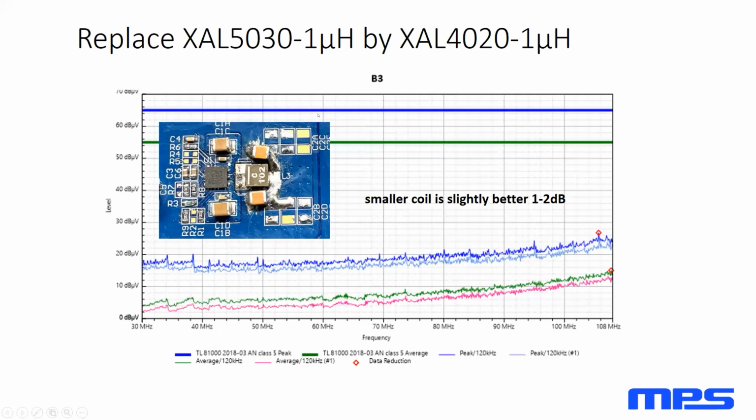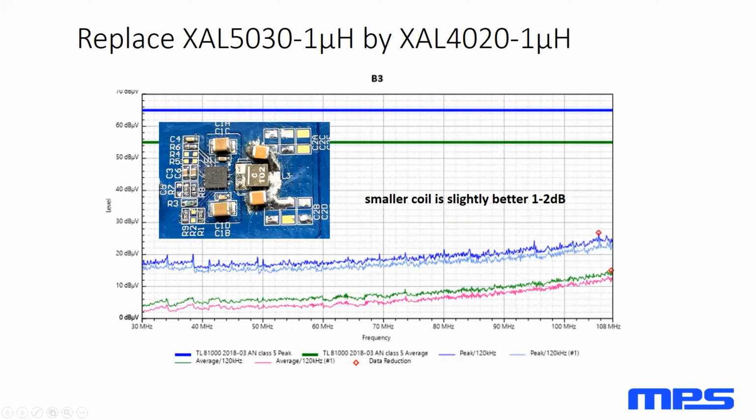If we also then replace the 5030, which is a 5x5 3 millimeter, with a 4x4 2 millimeter high inductor, and likely we're making some trade-off with the saturation current of the inductor, the smaller coil is better by 1 to 2 dB, 3 dB in some cases. It just depends on what frequency you're looking at.